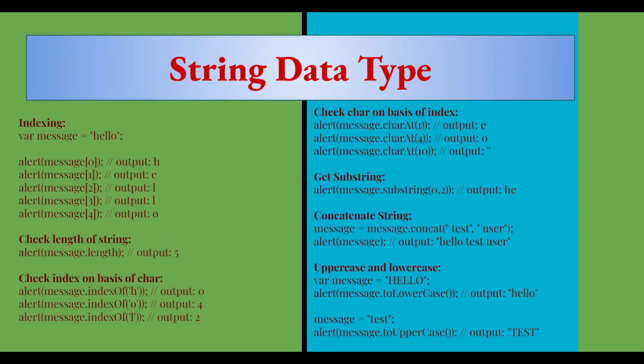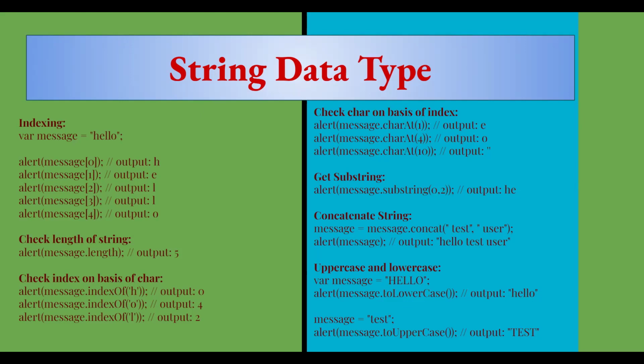We can access string characters using indexing. The index always starts with 0. That means the first letter will always be at the 0th position, then the second letter at the first position, and so on. For example, we have variable message and we can get the character at a particular index by giving the index number in brackets.